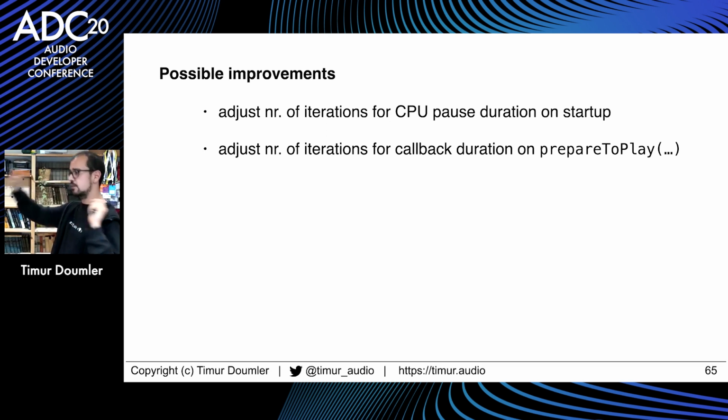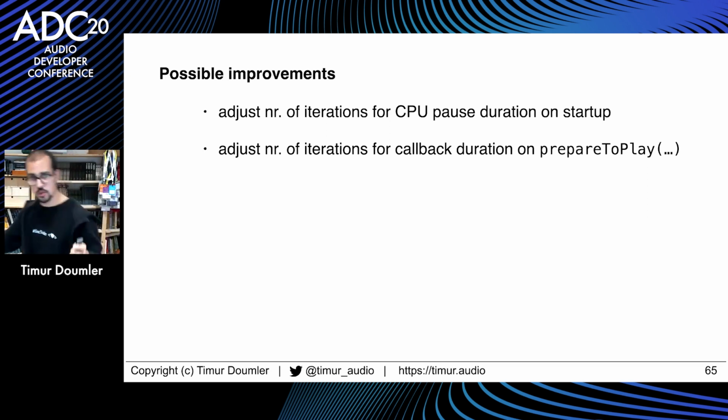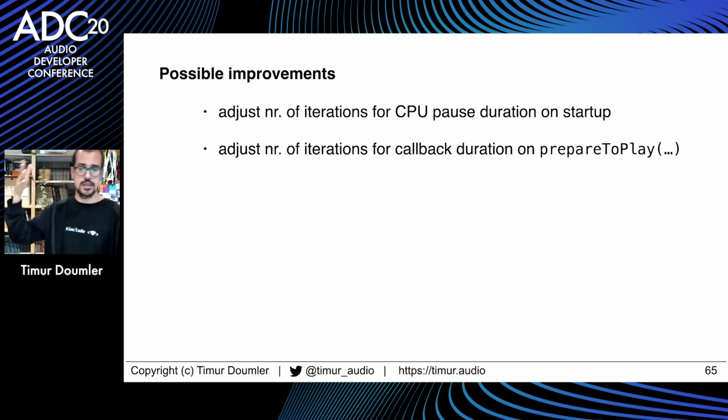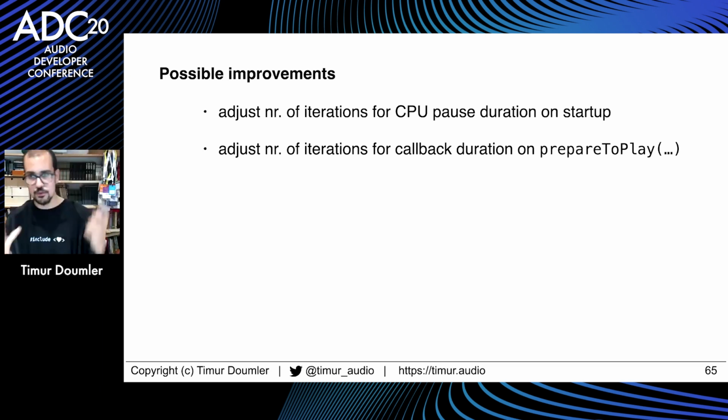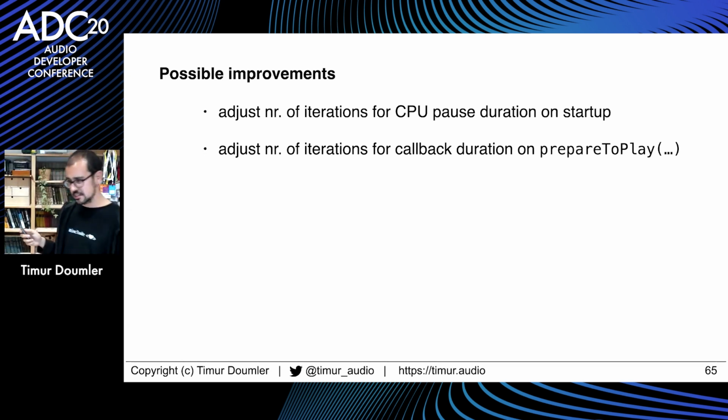So from that, you can work out how long an audio callback takes, and then you can adjust this last stage for the duration of that as well. That is not trivial to thread through this API. And so I decided not to do that, because I don't think this level of optimization is very significant, because we're already doing a very good job at spinning in this low energy state.